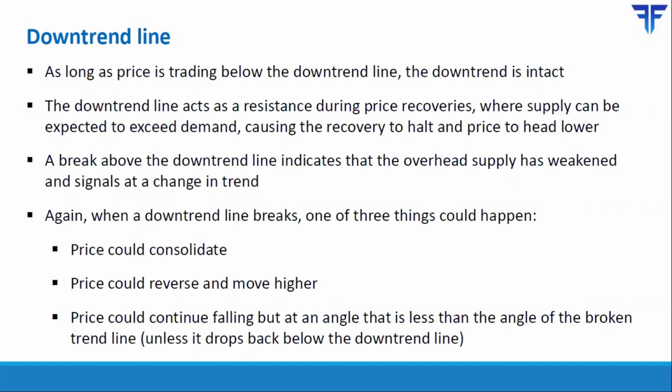On the other hand, when a downtrend line is eventually broken, it indicates that the angle at which the price was declining has weakened. That said, it doesn't necessarily mean a reversal in trend to up. What it means is that following a downtrend line break, price could either turn into a sideways band, or it could start going higher, or it could continue falling but at a less steep angle.